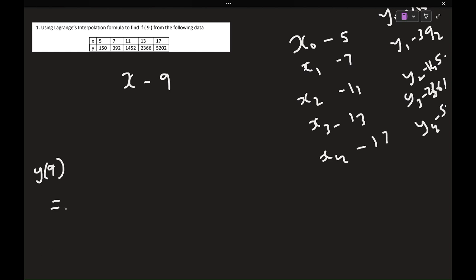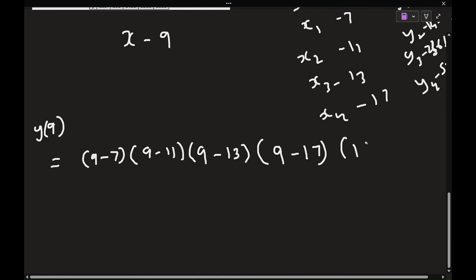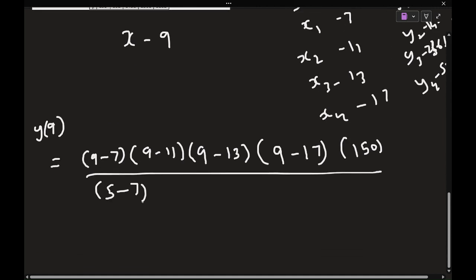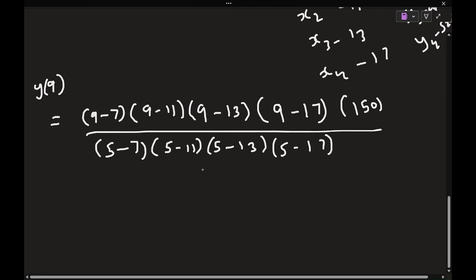So my first term will be x minus x1, 9 minus 7, into 9 minus 11, x minus x2, into 9 minus 13 into 9 minus 17 into y0, where y0 I have is 150, whole divided by x0 minus x1, so 5 minus 7, next I have 5 minus 11, x0 minus x2, 5 minus 13 and 5 minus 17. This is my first set of terms done.